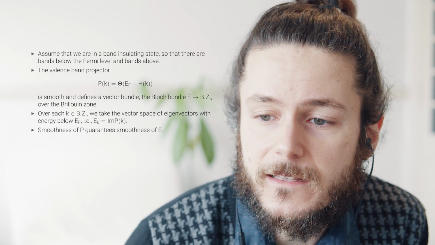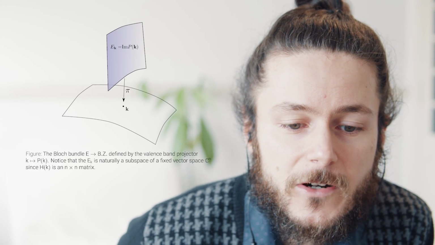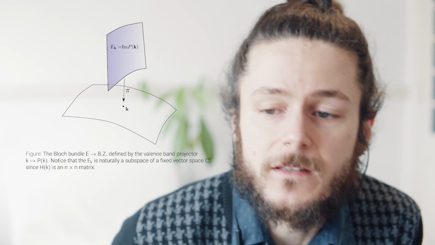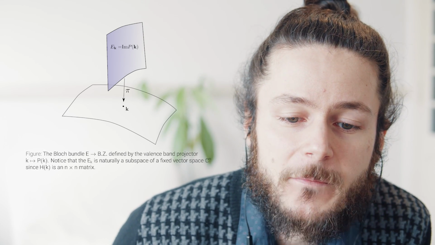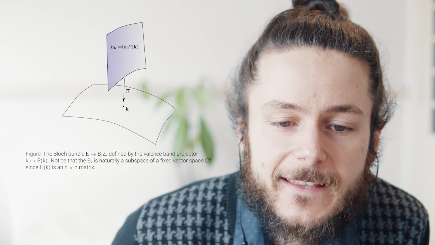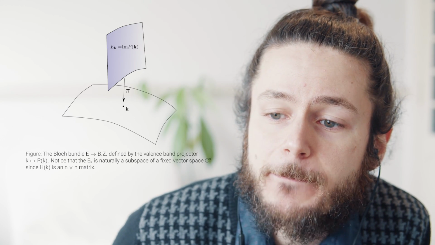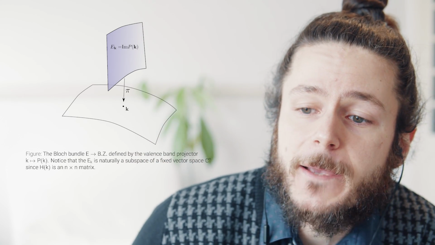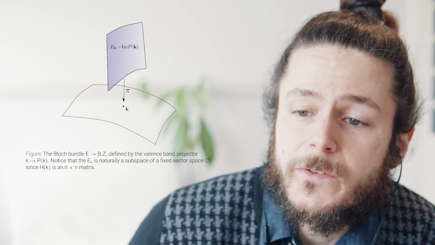So now let us see this in an illustration. So here I have a piece of the momentum space, which is globally a torus, but this is just a little piece. I have the momentum k, and over that k I have this vector space, which corresponds to the direct sum of the eigenspaces with energy below the Fermi level at momentum k.